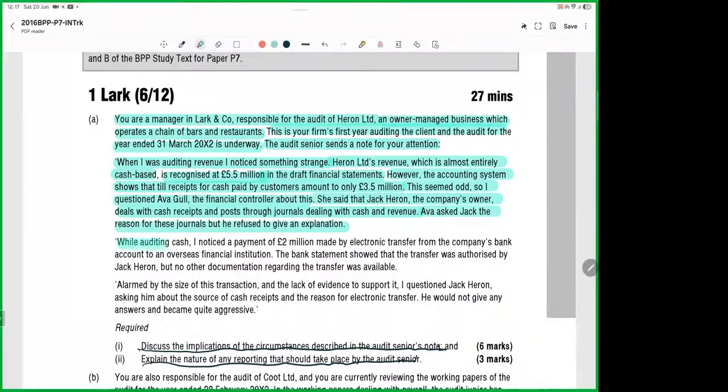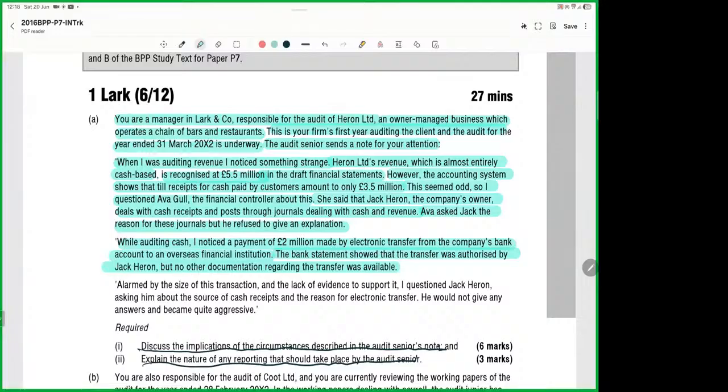While auditing cash, I noticed a payment of around 2 million made by electronic transfer from the company's bank account to an overseas financial institution. The bank statement showed that the transfer was authorized by Jack Heron, but no other documentation regarding the transfer was available.